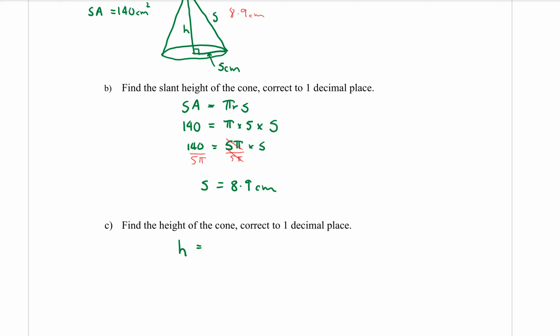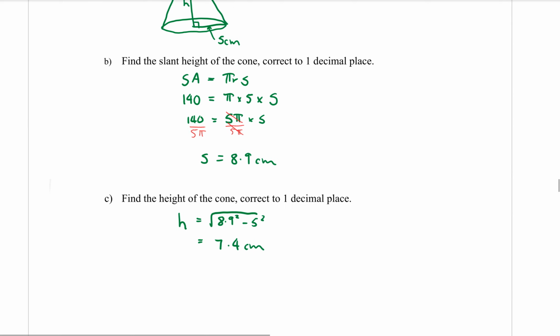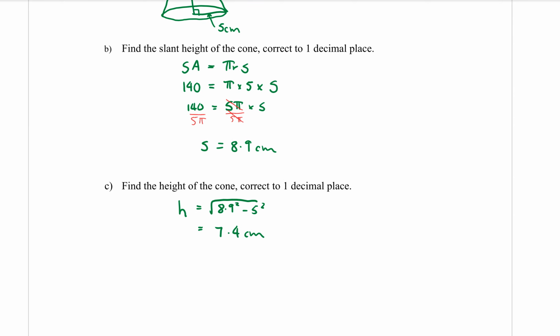Is everyone okay with that? All right, so I do still need to do my hypotenuse squared minus my shorter side squared. So 1 decimal place comes out as 7.4 centimeters. Your perpendicular height is always shorter than your slant height. Yeah? Any questions?